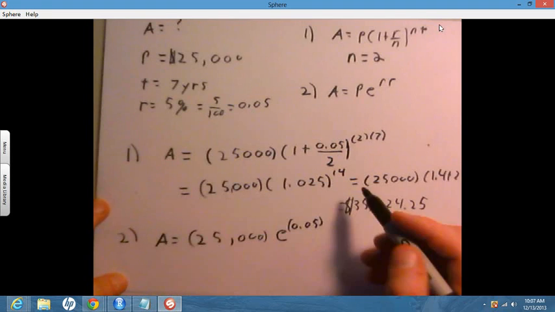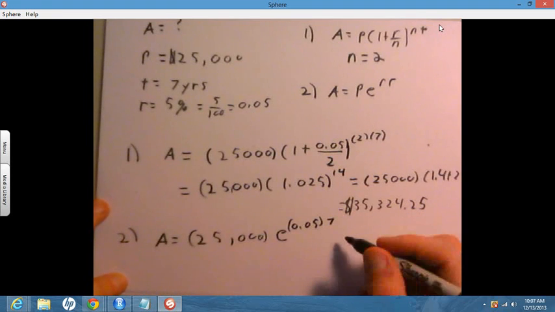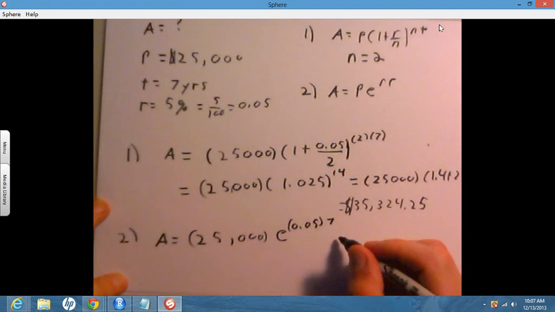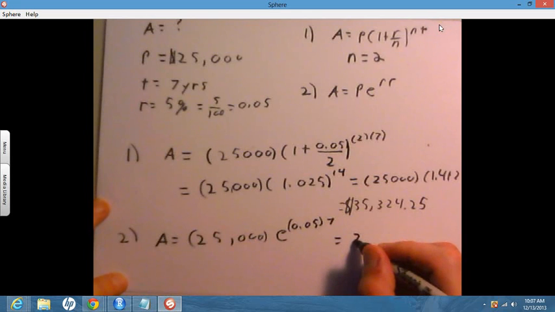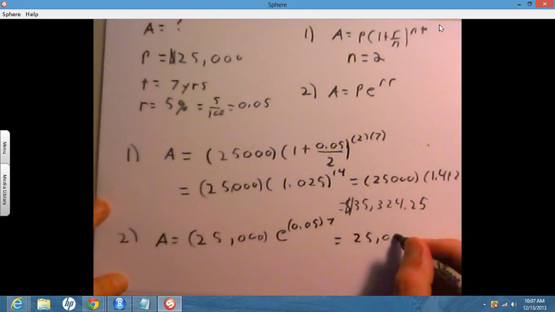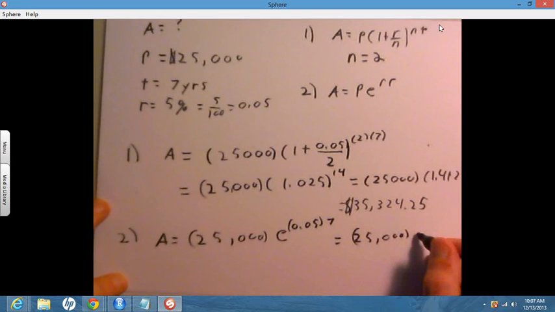Now t is always going to be in units of years, which is going to be equal to 25,000 times e raised to the 0.35.